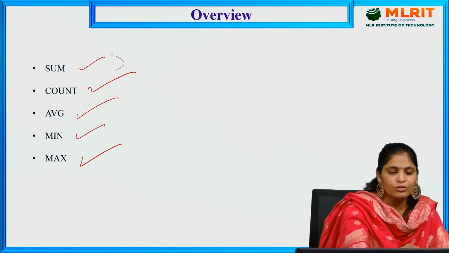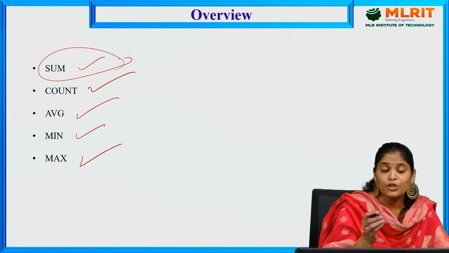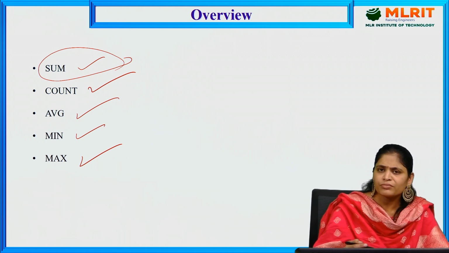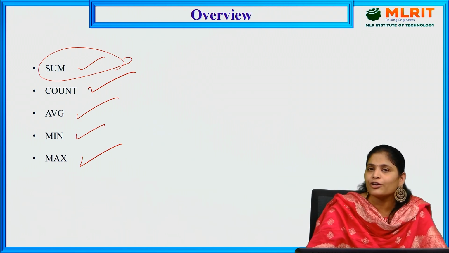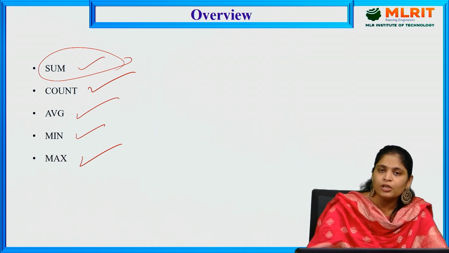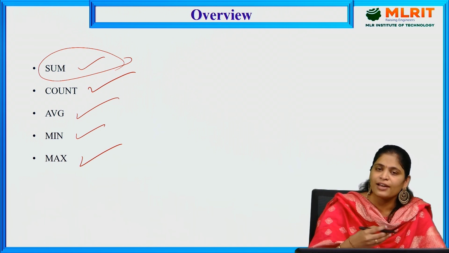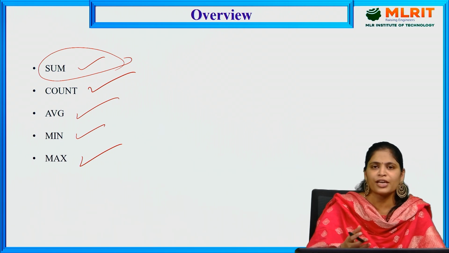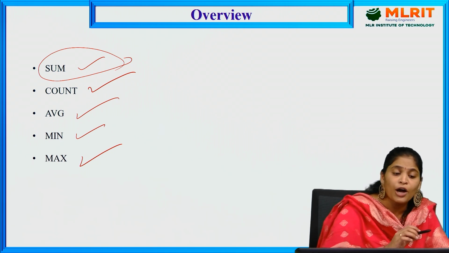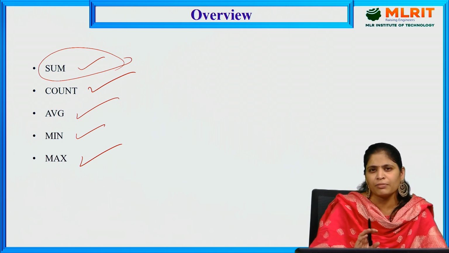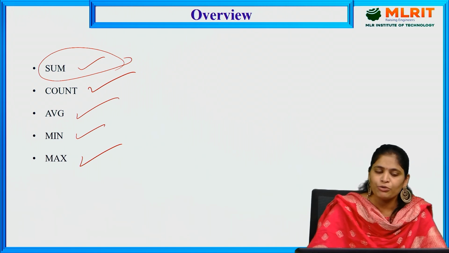What is the use of the sum operation? Here we add. For example, if we have to add all the salary details of all the employees, we can use sum. If I want to count the number of employees in a particular department, I can use count.